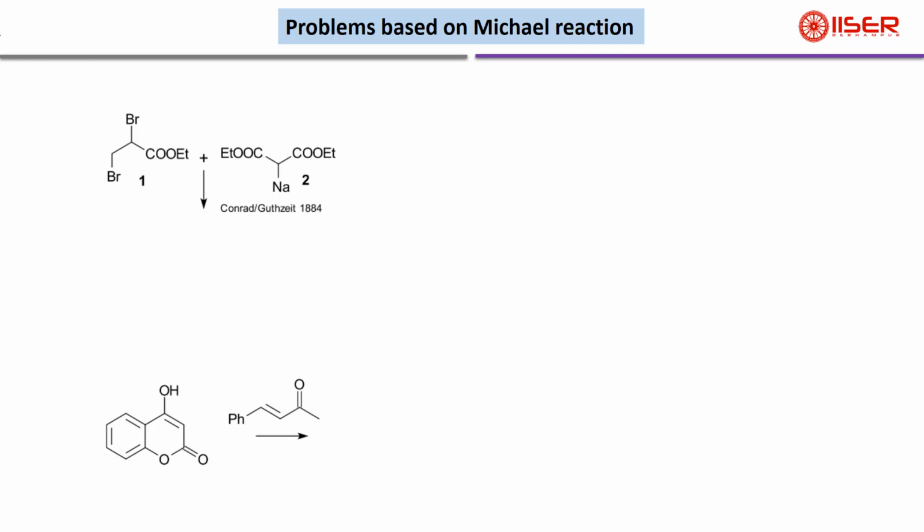So first, there is a negative charge here. So this will eliminate one of the bromine atoms. This is actually a simple substitution reaction. This is not a Michael reaction.